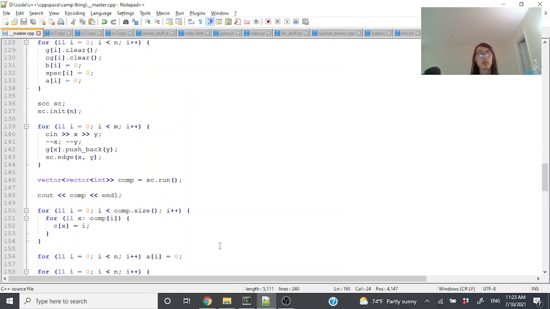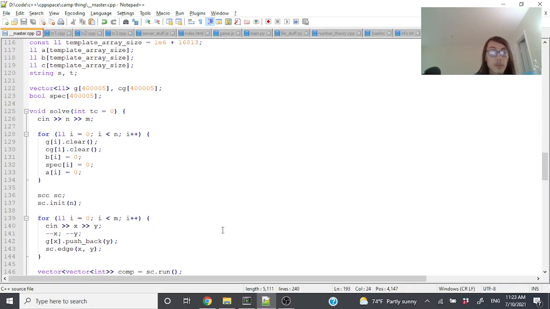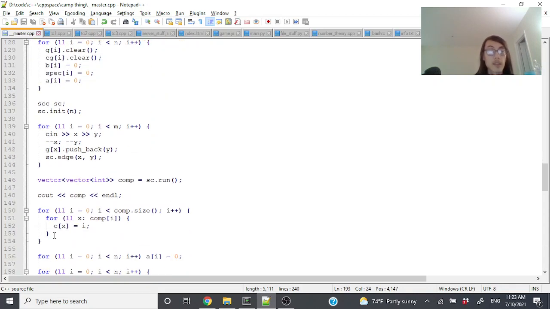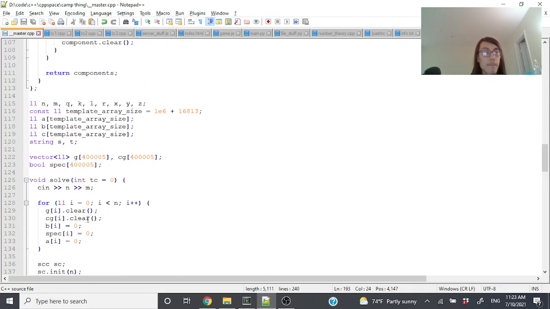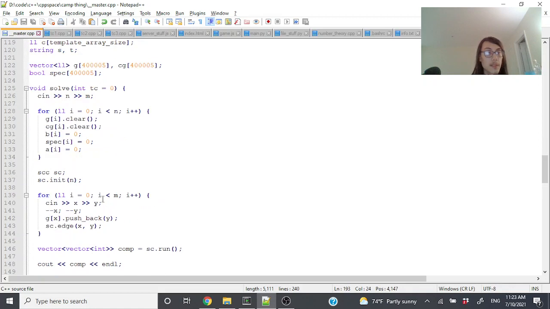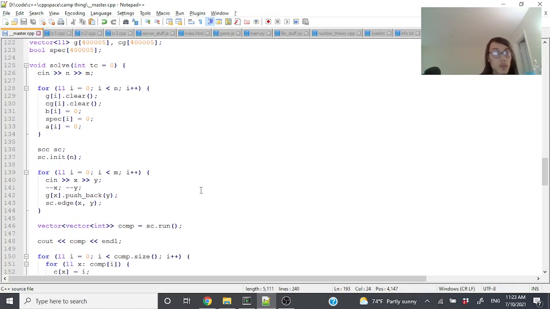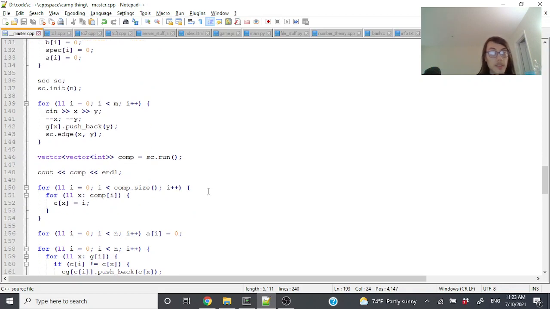Okay, let's just look over code. For I equals 1 to n, clear G, CG, B, spec, and A. C is reset, so that's fine. I don't think we're using anything else. We're creating an SCC every time. We're clearing everything. C in x to y, gx dot pushback y, create an edge in the SCC, run the SCC, print the components.